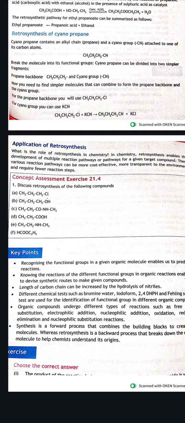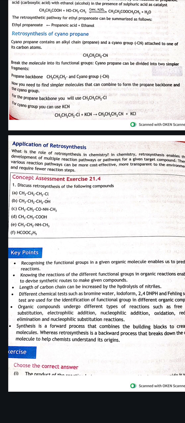Now we have retrosynthesis of cyanopropane. We have a compound that is cyanopropane, and we need to break it into simpler compounds like the propane backbone and the cyano group. Now you need to find simple molecules that can combine to form the propane backbone and the cyano group. For the propane backbone, we can use an alkyl halide, that is chloropropane.